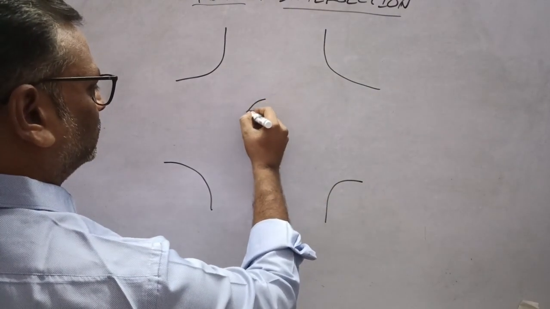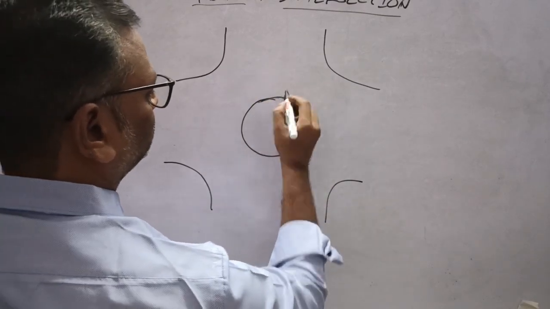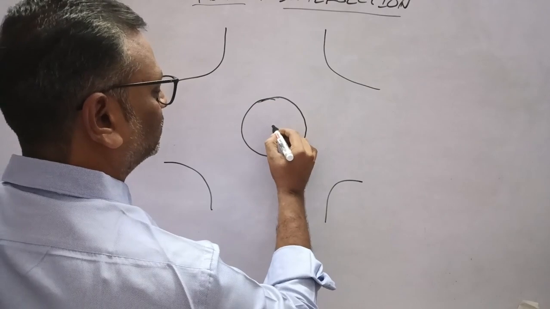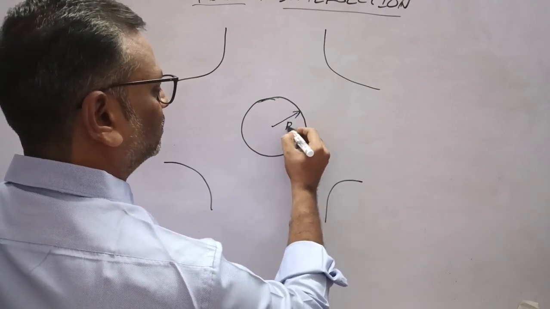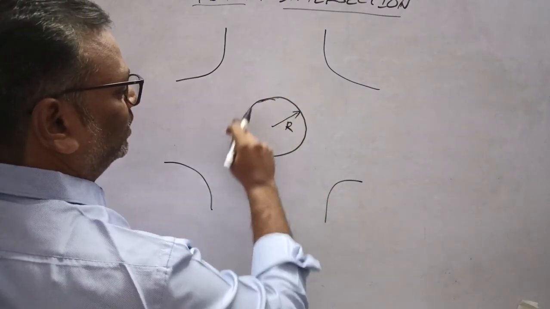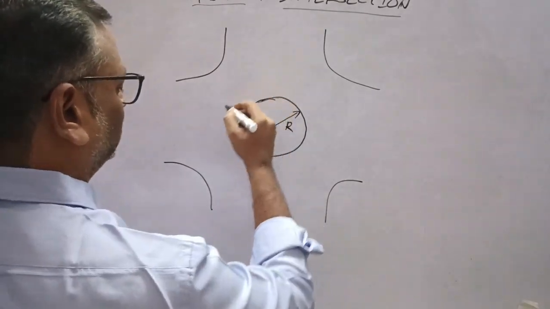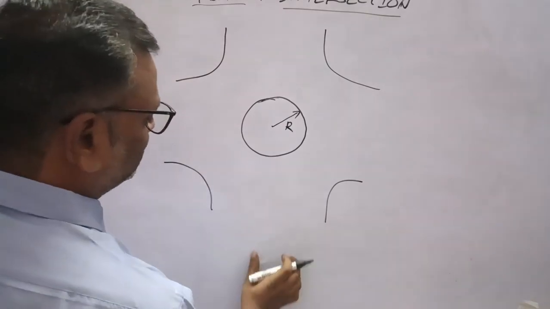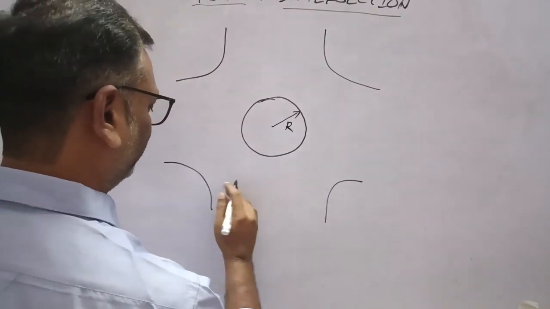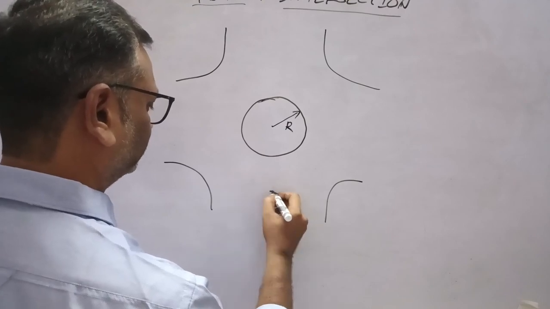Suppose this is the rotary, and we have R as the radius of rotary, or you can call it roundabout also. And as we approach the rotary, we have entry here.